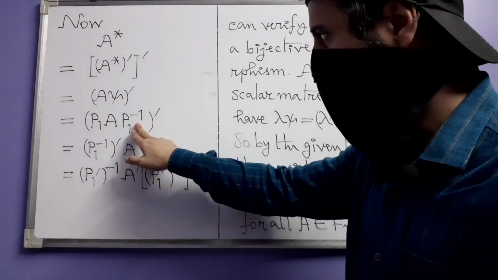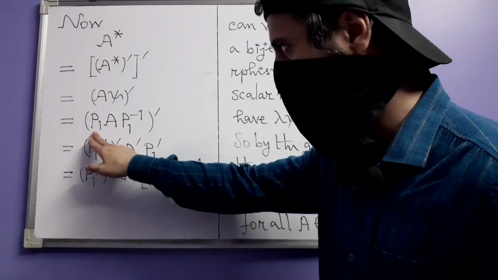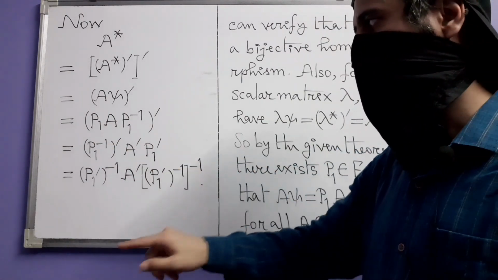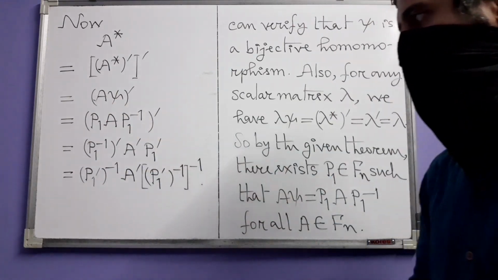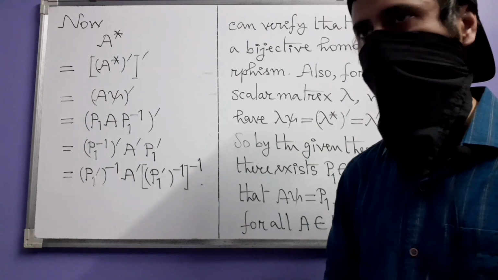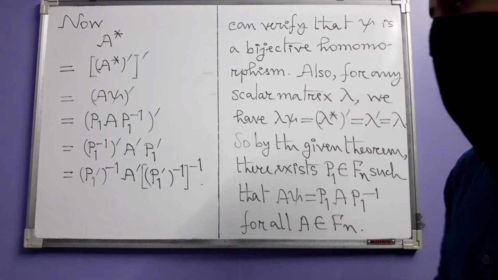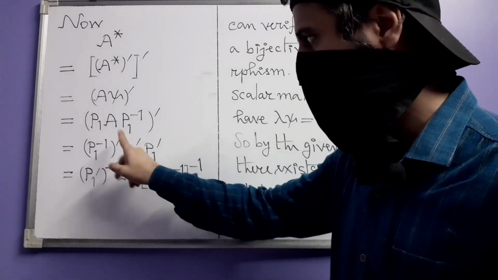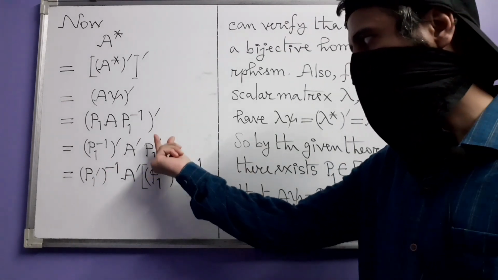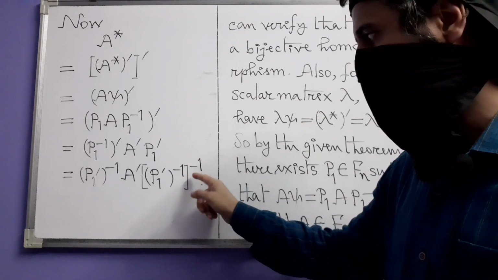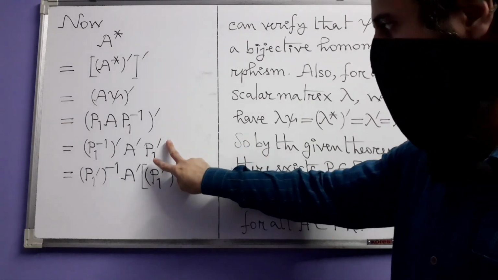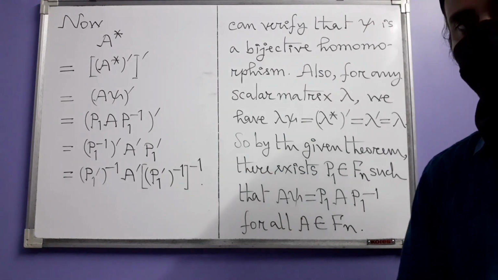So first you take the transpose of this one, followed by this one, followed by this one. So that's how you get this: P1 inverse transpose, A transpose, P1 transpose. Now you also know that you can interchange transpose and inverse. This is something we saw before also. So in place of P1 inverse transpose, you can also write P1 transpose inverse. And this is already P1 transpose, so you take its inverse and the inverse of that, because these two inverses will cancel and will give you P1 transpose.